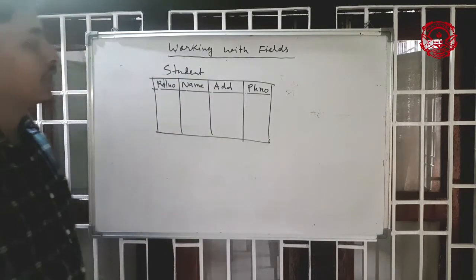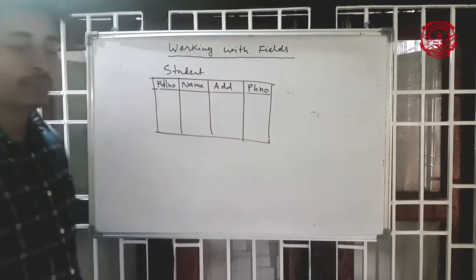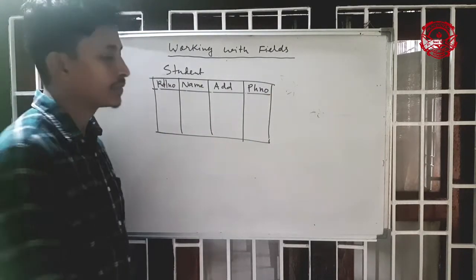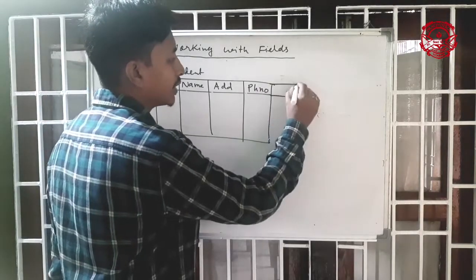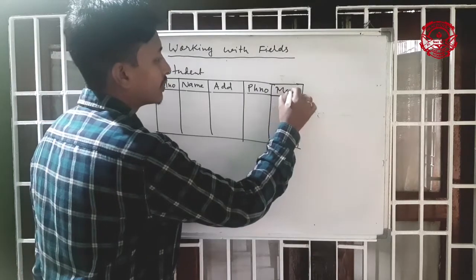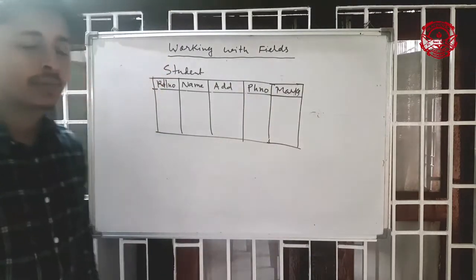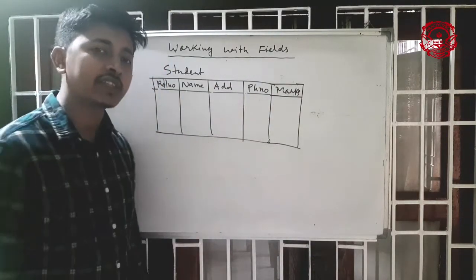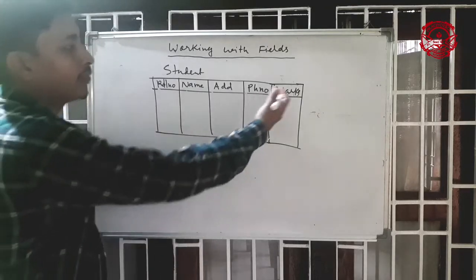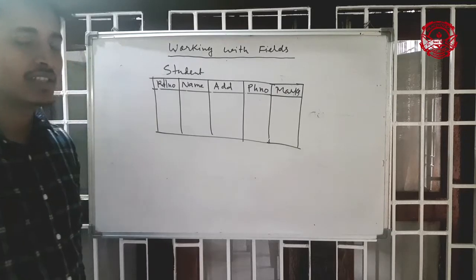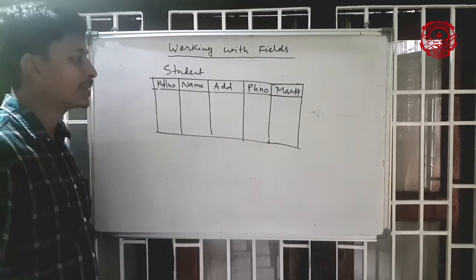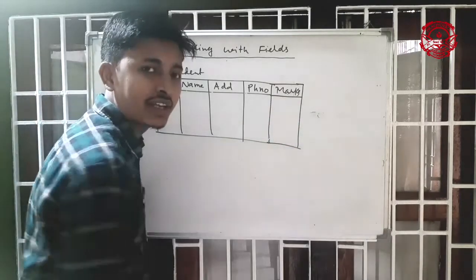For example, you want to add a new column here, say marks. But this table is already created in a database. But now you want to add one more column, that is marks. So you can do it by adding a new column. So means what? You can add a new field.